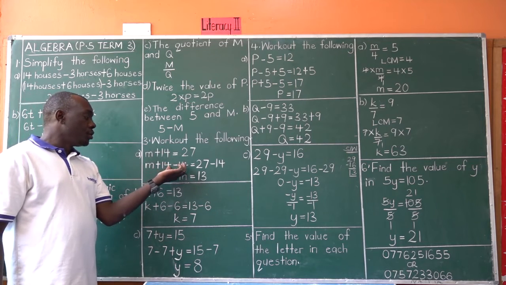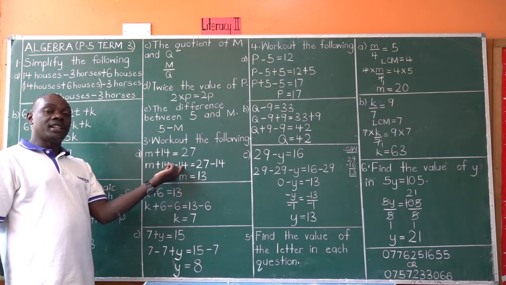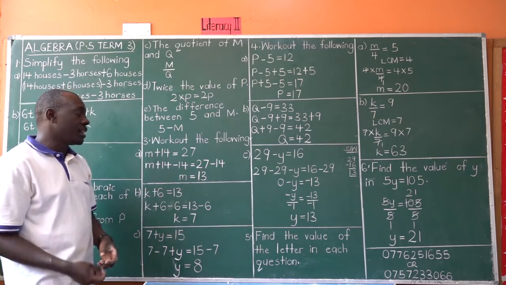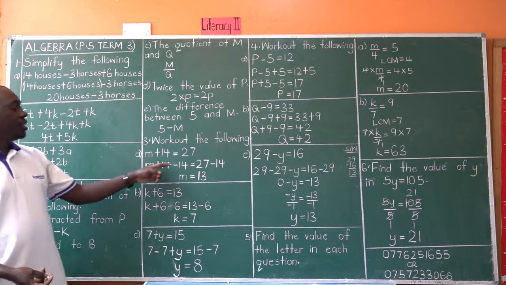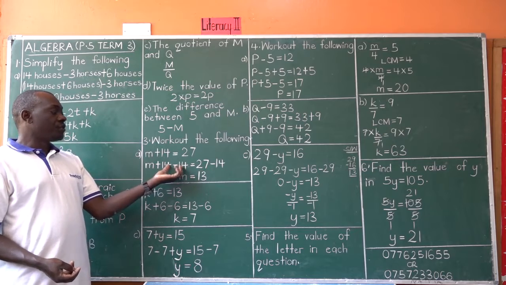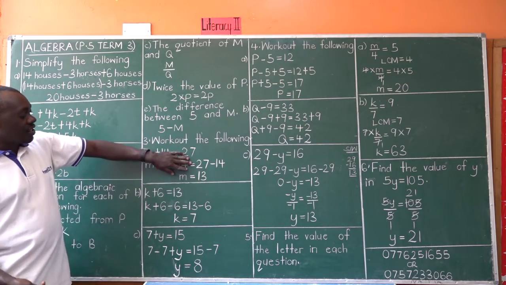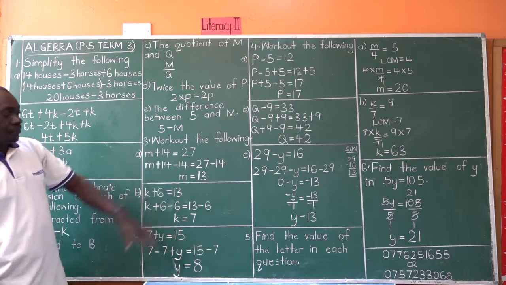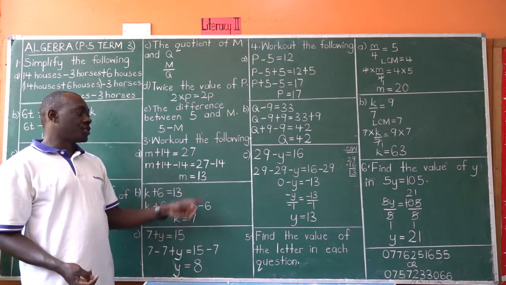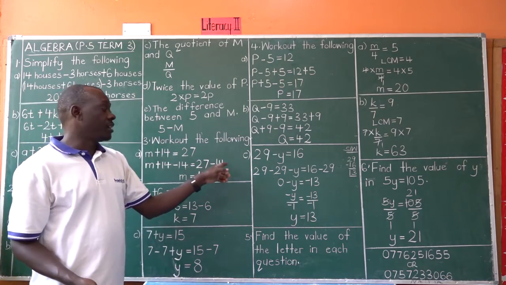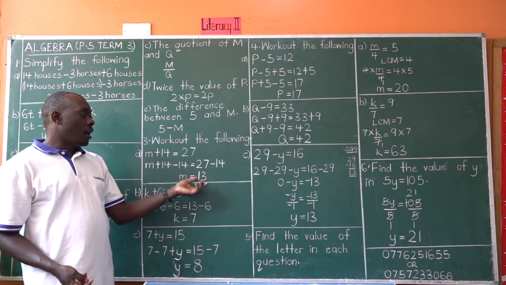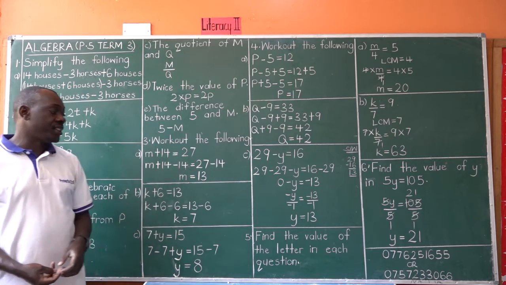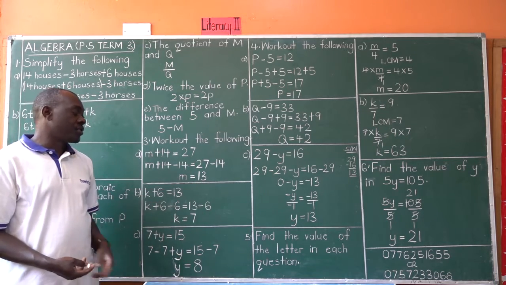So 14 minus 14 is a 0, and this side we remain with only m. So m equals the difference between 27 and 14, which when subtracted you will get 13. So m value is 13.